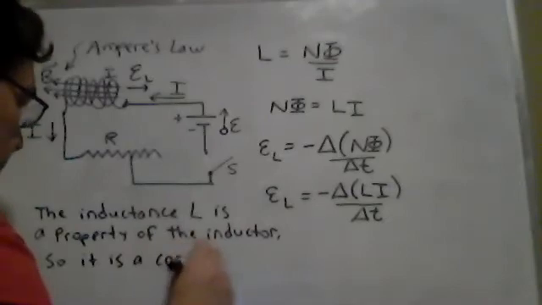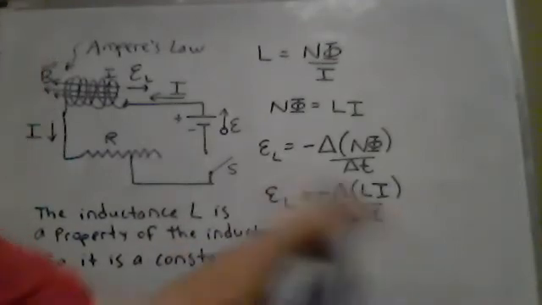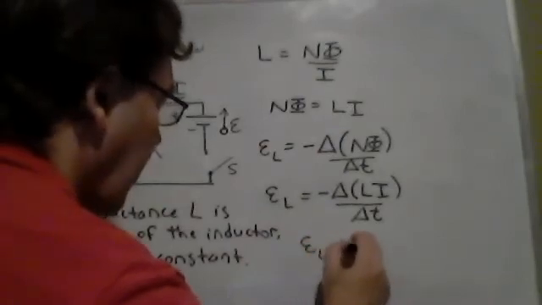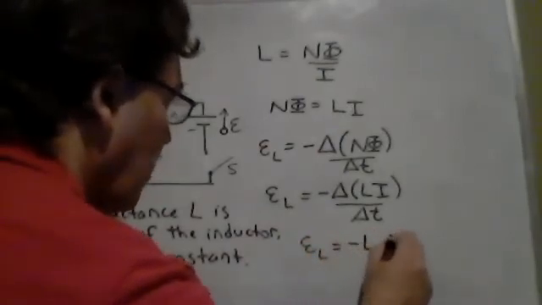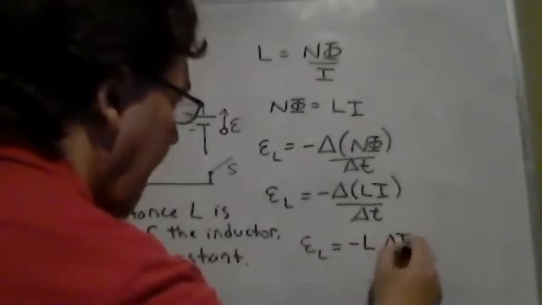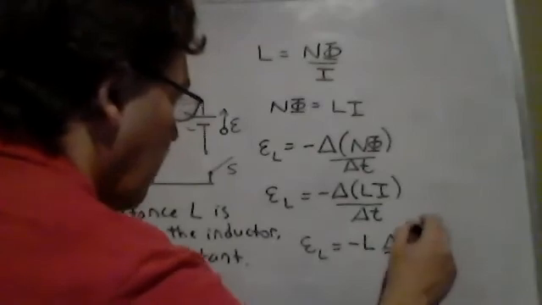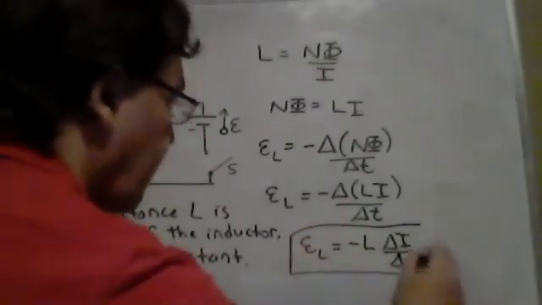It does not get affected by the time rate of change operator, so I can pull it out. Then epsilon sub L becomes negative L delta I with respect to t. That is the self-induced EMF.